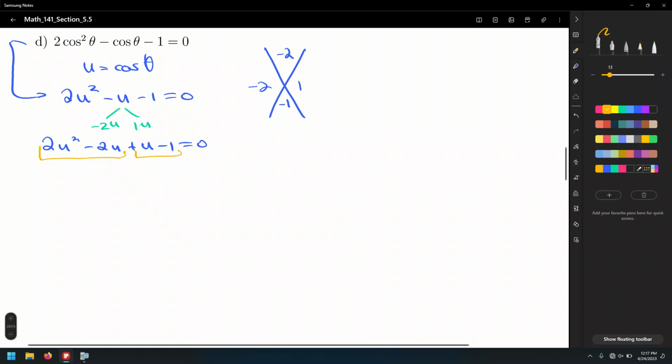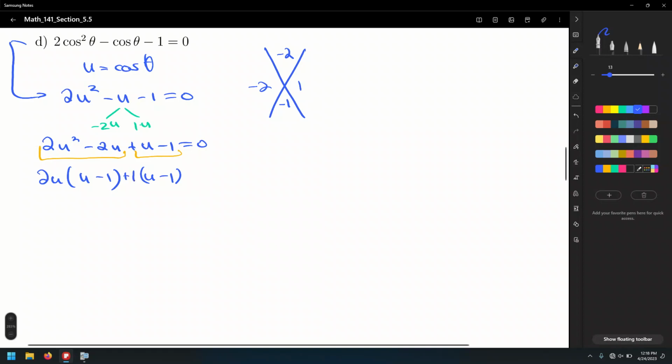So by grouping 2 by 2, what we do here is find the greatest common factor of every group. That is, in this case, 2u times u minus 1. And here between u and -1, there's no common factor. Well, actually, there is: the number 1.